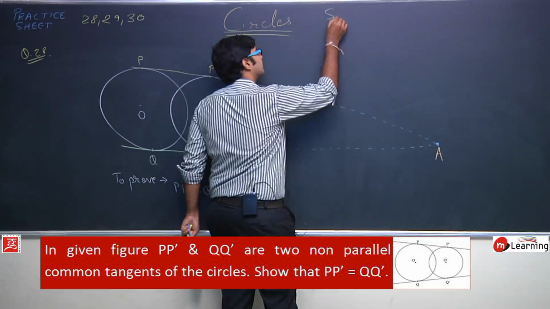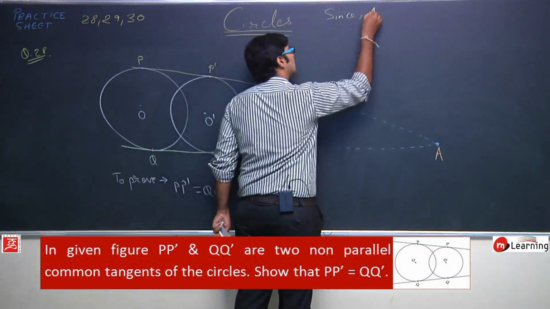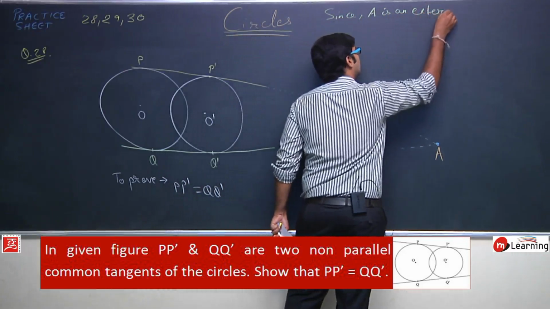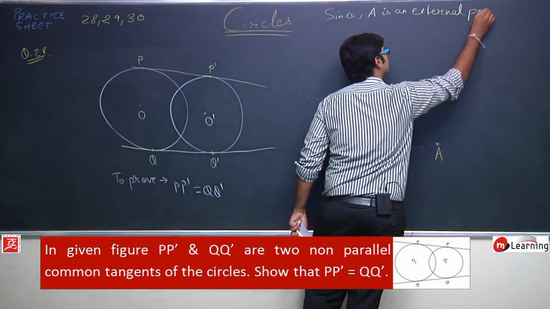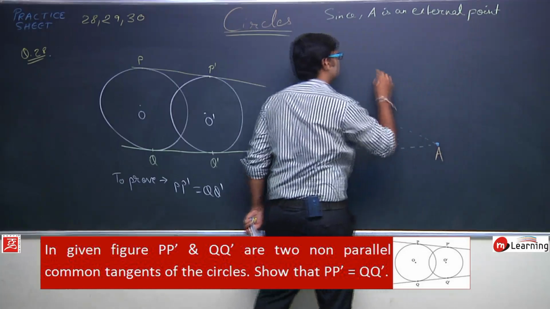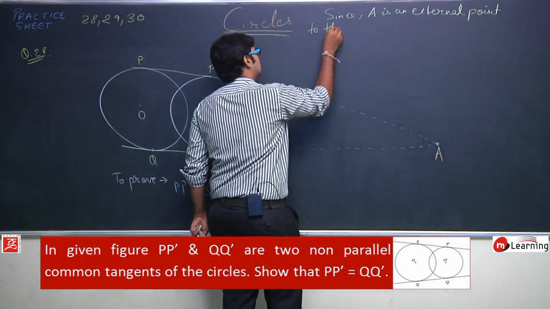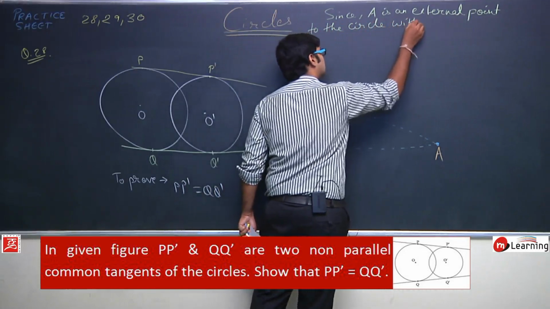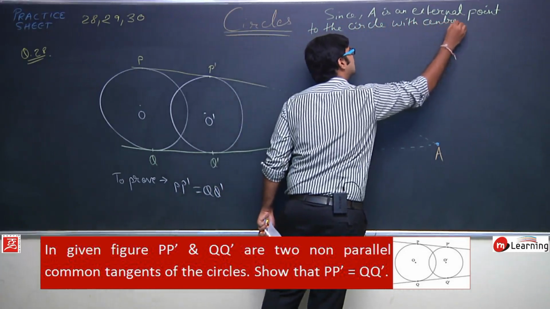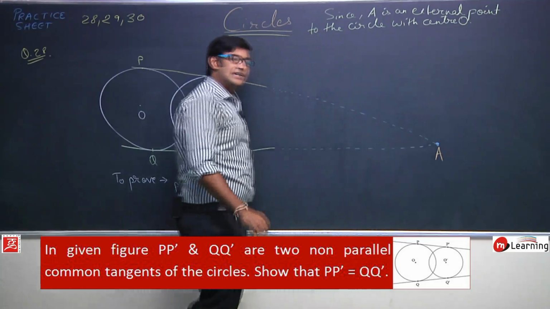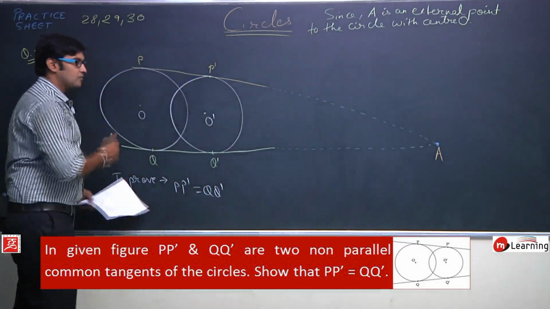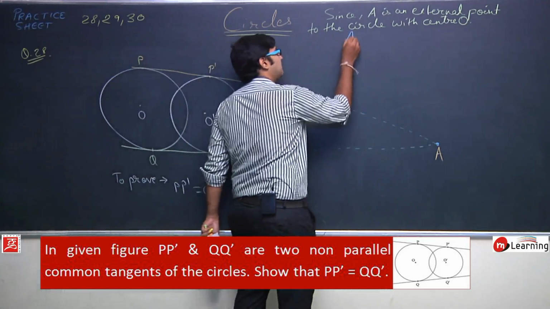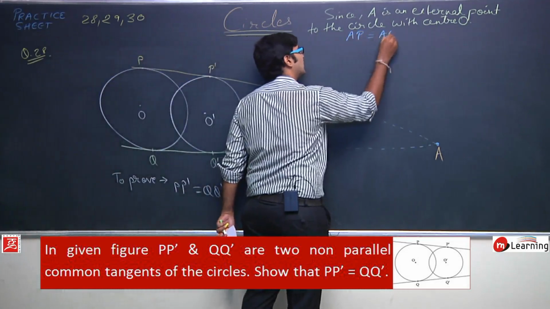Since A is an external point to the circle with center O, I can say that AP is equal to AQ.